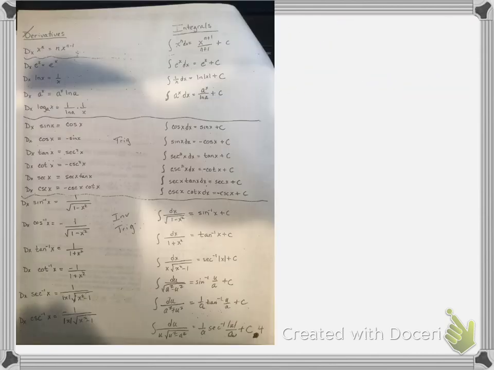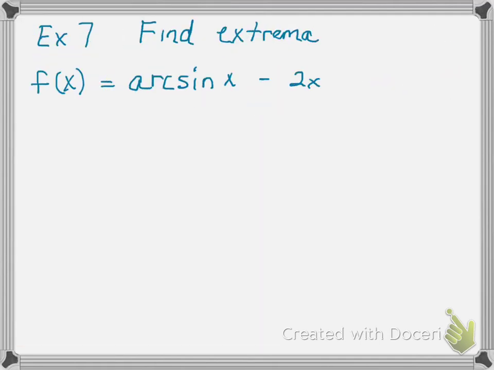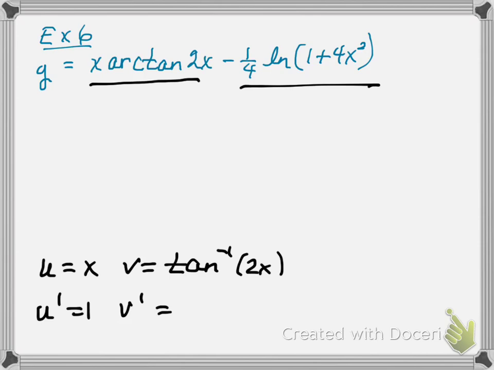Inverse tangent is 1 over 1 plus x squared, but I don't have an x, I have a 2x, so that would be a 4x squared, and now I have to multiply times the derivative of this, which is just a 2, and I'm going to put that 2 right here instead of out here. Okay, and so there's my v prime.